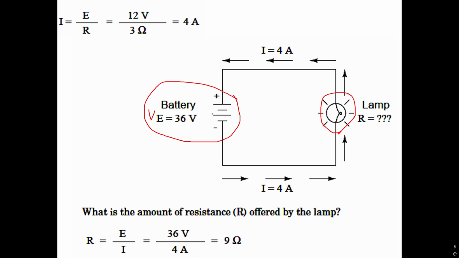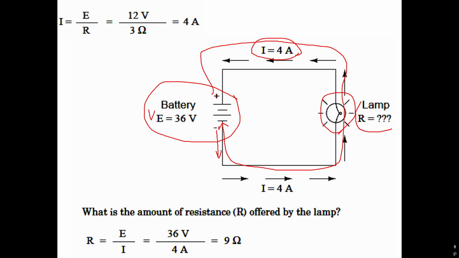If you assume electron current, it will start from the negative terminal of the battery and end at the positive terminal. Since we are normally assuming conventional current flow, the current will start from the positive terminal, go through the lamp, and reach the negative terminal of the battery. The current flowing through the circuit, I, is given as 4 ampere.